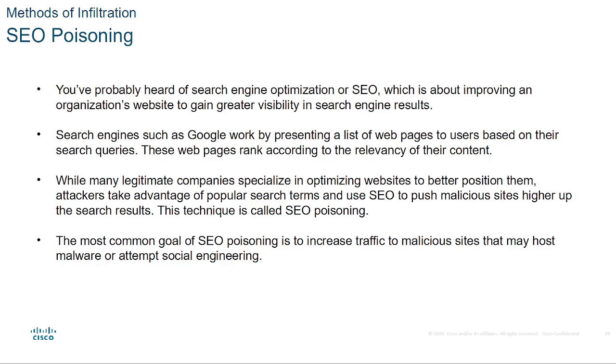This technique is also called SEO poisoning. The most common goal of SEO poisoning is to increase traffic to malicious sites that may host malware or attempt social engineering. Have you ever searched for a particular website on Google and you end up not seeing the original websites as expected on the search result? That is it.